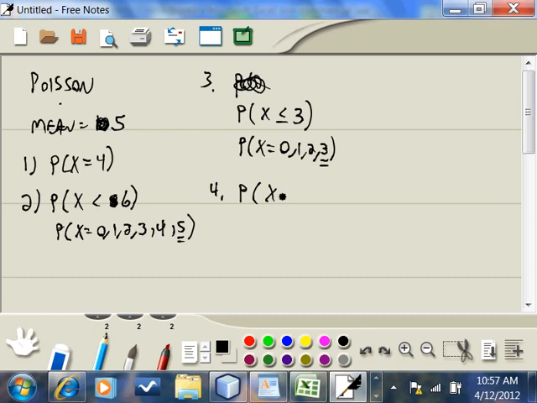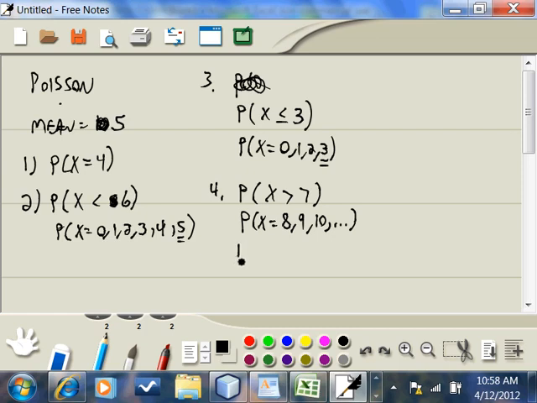Now let's look at x is greater than 7. Those x values would be 8, 9, 10, on up to infinity. The Poisson distribution doesn't have an ending; you assume infinity, even though sometimes that doesn't make sense. In order to plug it into Excel, we have to have it go from 0 up to a number.